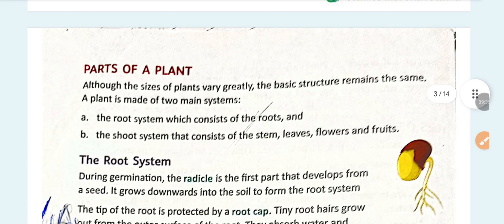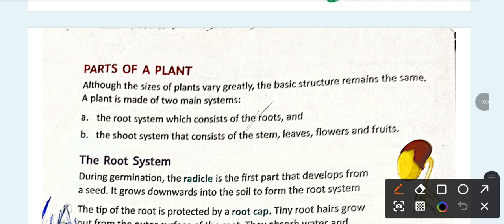Now let's see parts of the plants. Although the sizes of plants may vary greatly, like some plants are very small and some plants are very large, the structures remain the same too. The plant is made up of two systems, as we have learned before: the root system and the shoot system. So the root system: during germination, the radicle is the first part that develops from the seed.